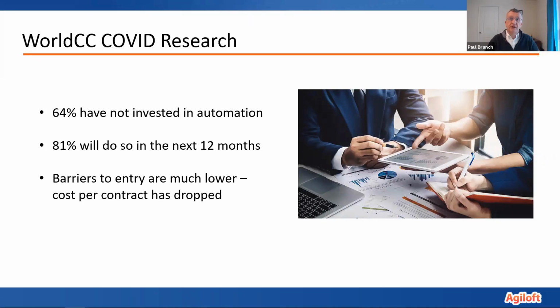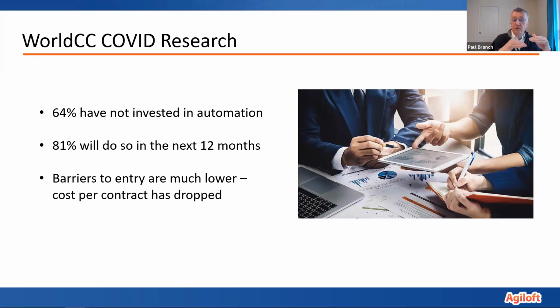Interesting research that we conducted during the beginning of the pandemic suggested that 64% of the respondents, over 500 corporations, had not made a material investment in automation in many aspects of the CLM process from beginning to end. Interesting data point in itself. Much more interesting though, I think, is that 81% of those same responders said that they plan to do so in the next 12 months.